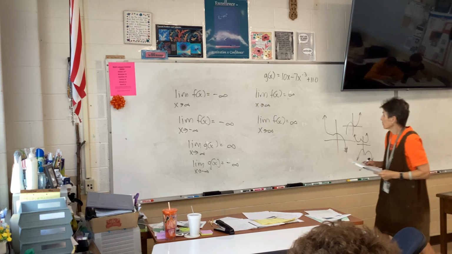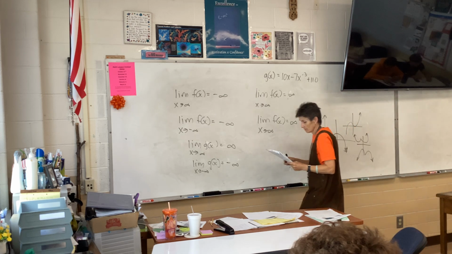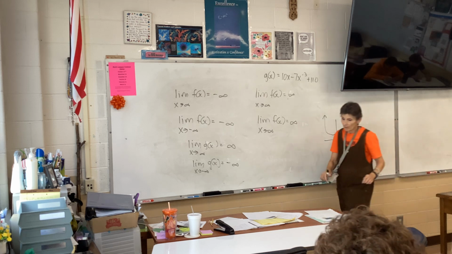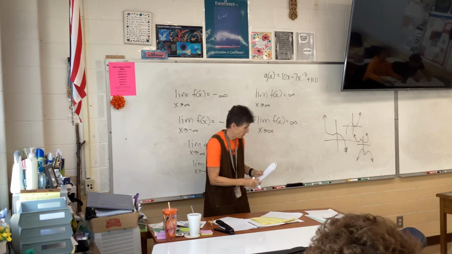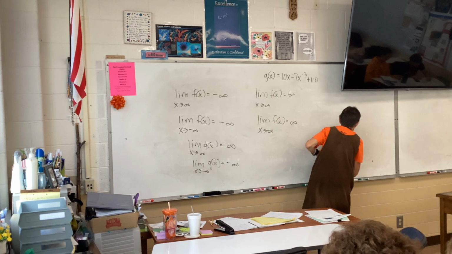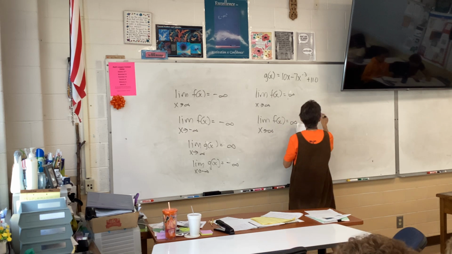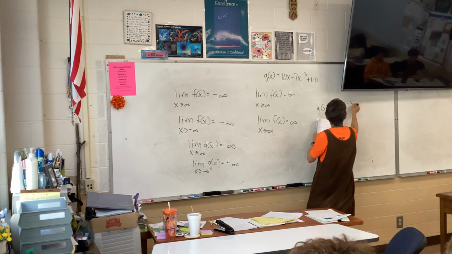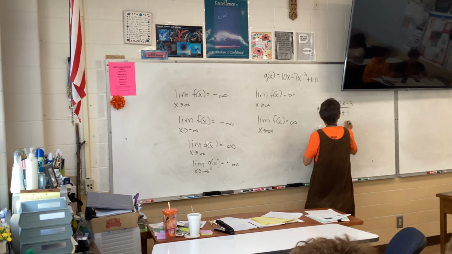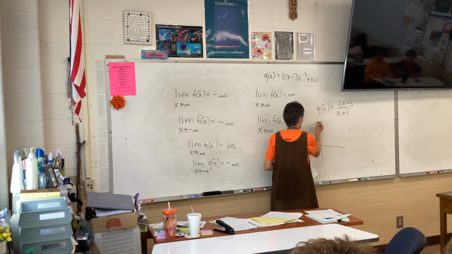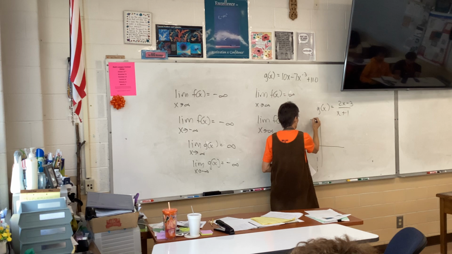All right. So go ahead and graph the one we're doing and see if you can figure out what its end behavior is. We're graphing this on our calculator, and we know it's going to have an asymptote at -1.